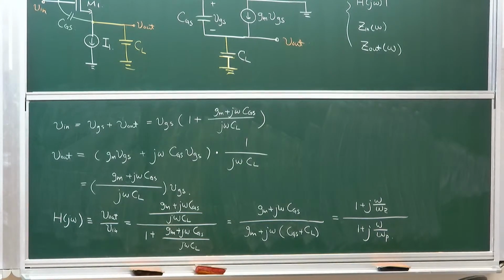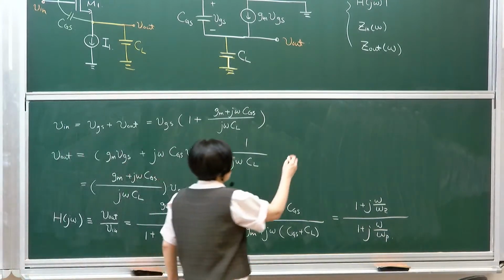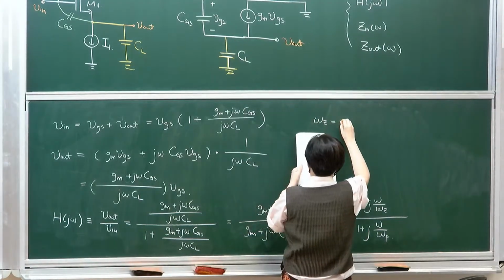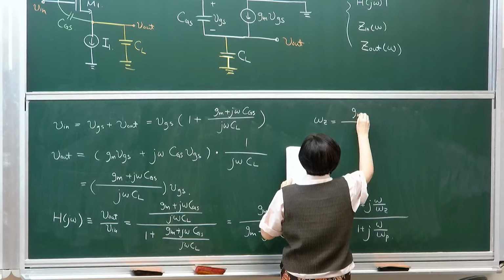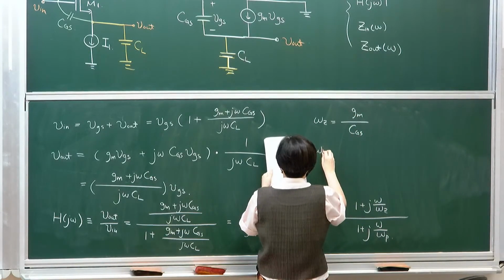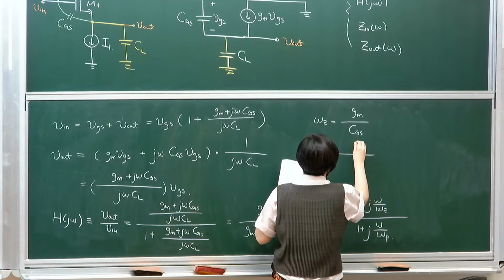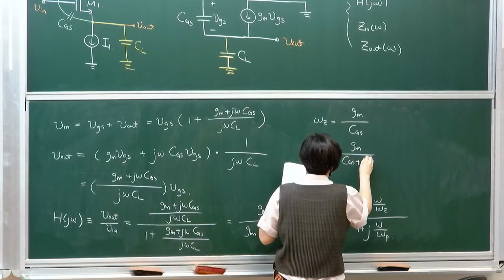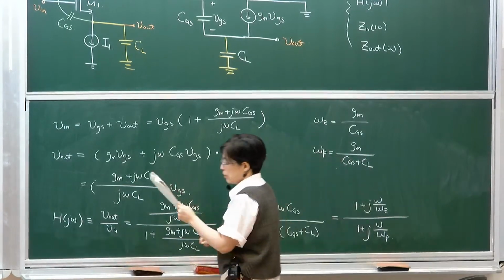Let me write it down: omega Z is at gm over CGS, and omega P is at gm over (CGS plus C load).